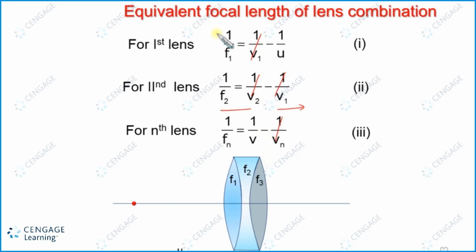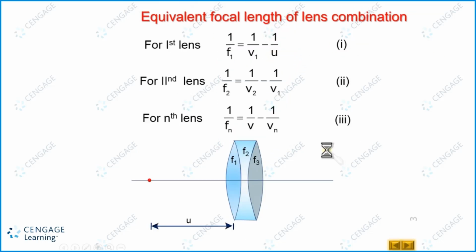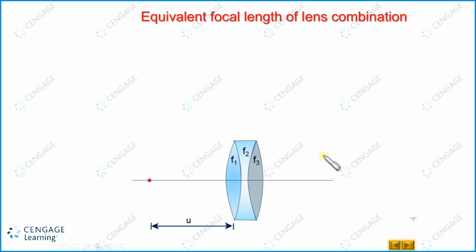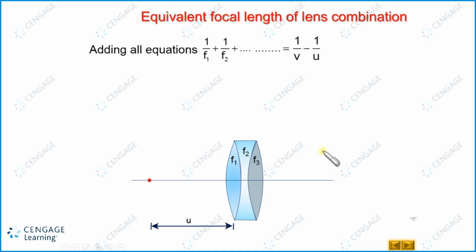That means we will have the summation of these up to the n term on one side, and finally the term 1 upon v minus 1 upon u. So after adding all equations, we can write 1 upon f1 plus 1 upon f2 up to the n term, and this is equal to 1 upon v minus 1 upon u.